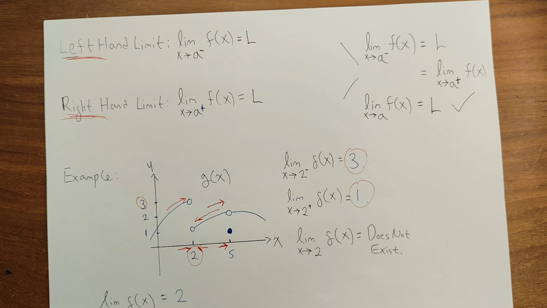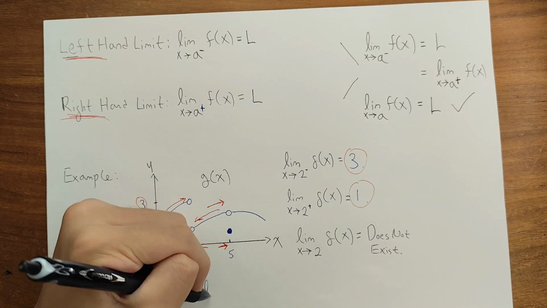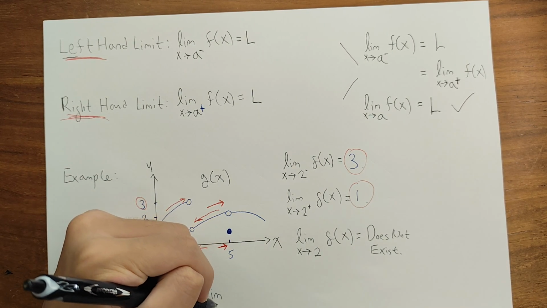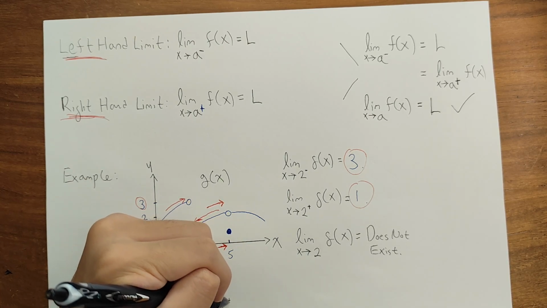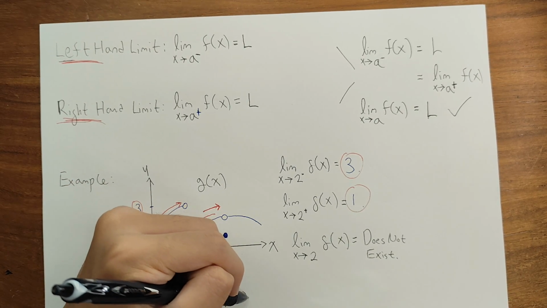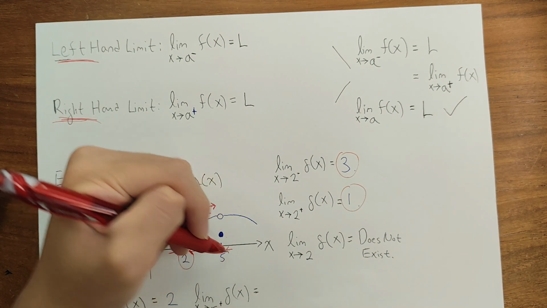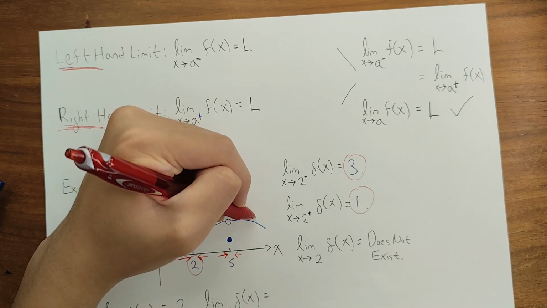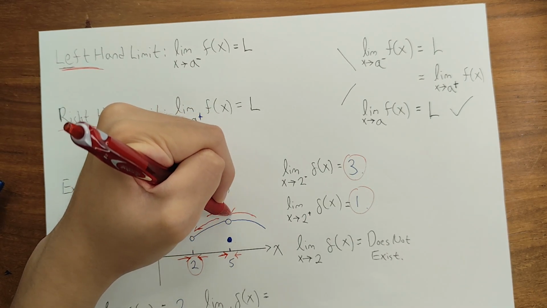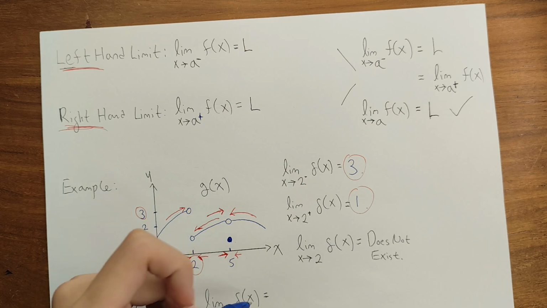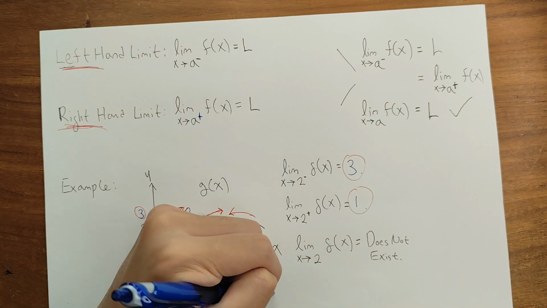Alright, and from the right-hand side, g(x) is approaching what? g(x) is approaching also 2. So here it becomes 2.